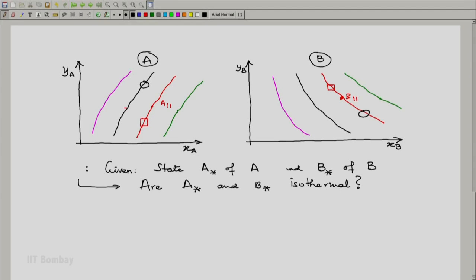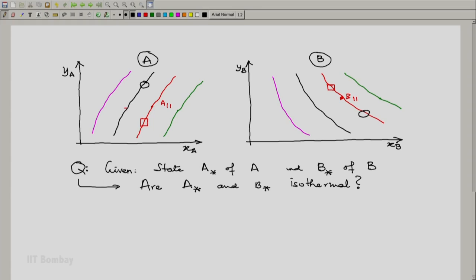The green isotherm in the state space of A corresponds to the green isotherm in the state space of B, and so on. And the question which we could answer using this map of isotherms is: given some state A star of A and B star of B, are A star and B star isothermal?